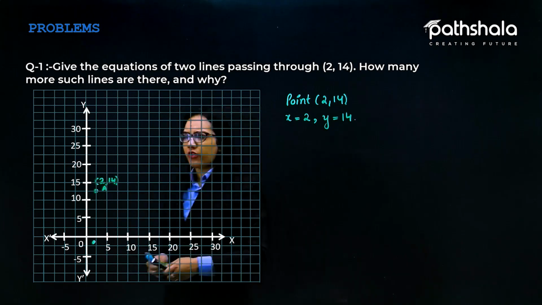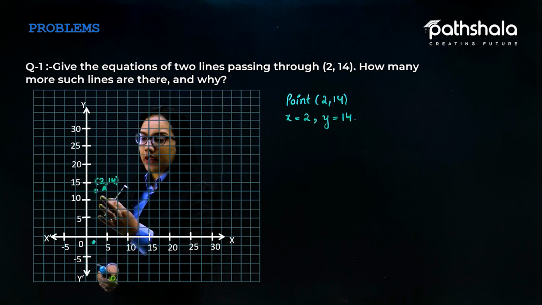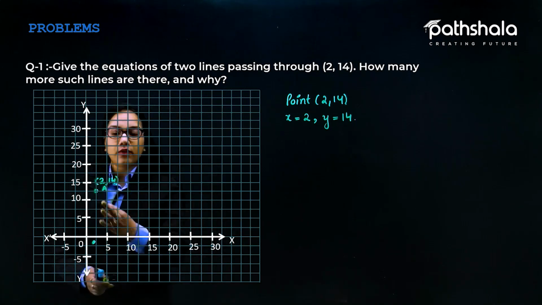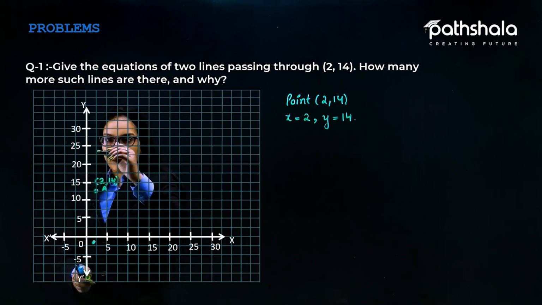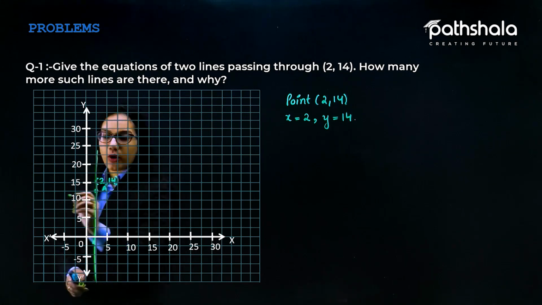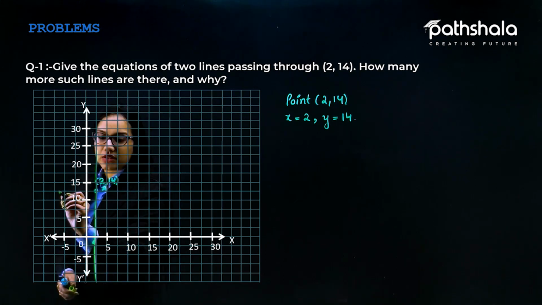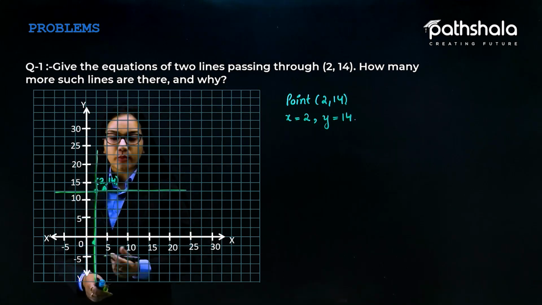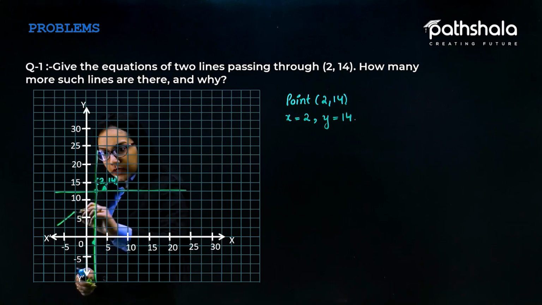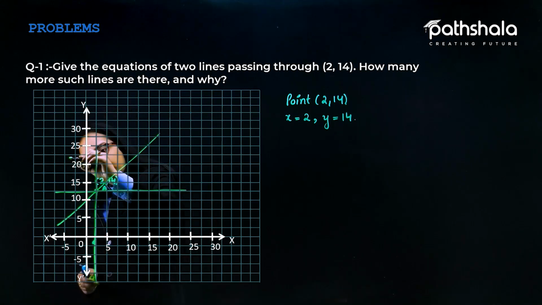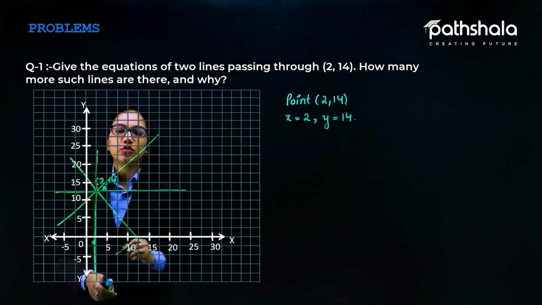As we can see over here, for this particular point, I can draw infinitely many lines that will pass through this point. Let us suppose I'm taking this particular line, it is passing through this point. If I take this line, it is also passing through this point.